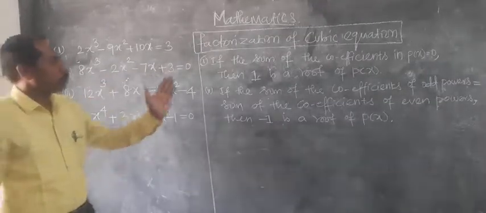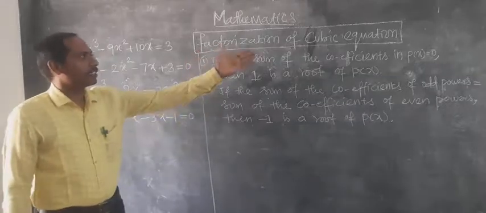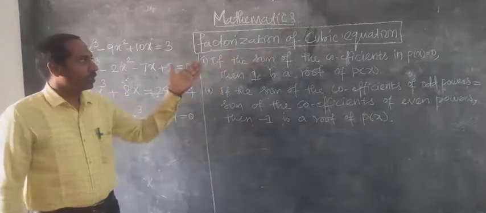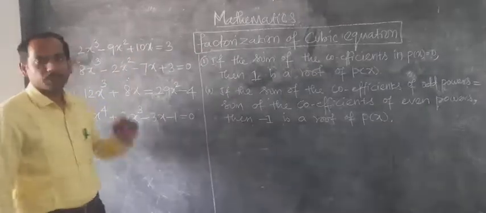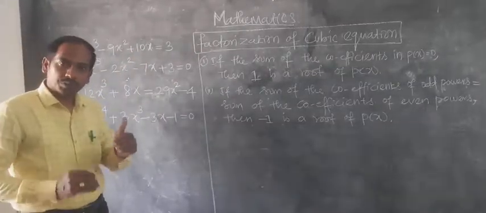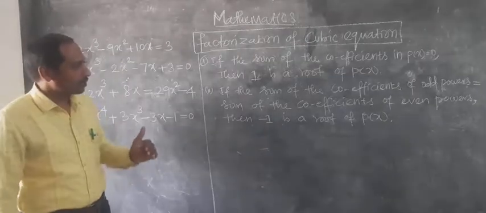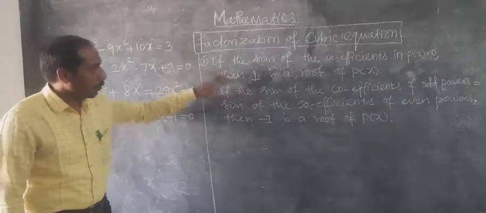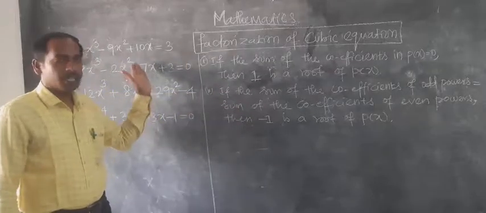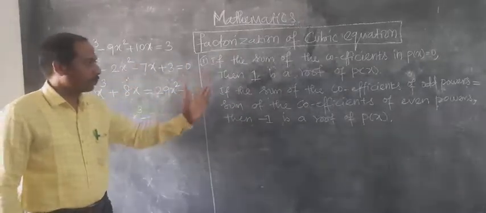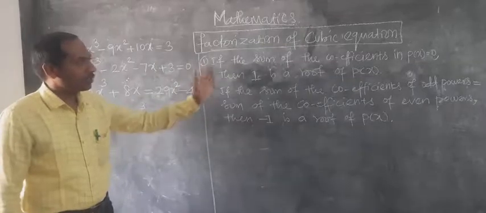Now come to our point. Factorization of a cubic equation means you have to find what the factors of this equation are. So if we want to check it, just 1 and minus 1, whether it is a root for this equation, only two points you have to verify.